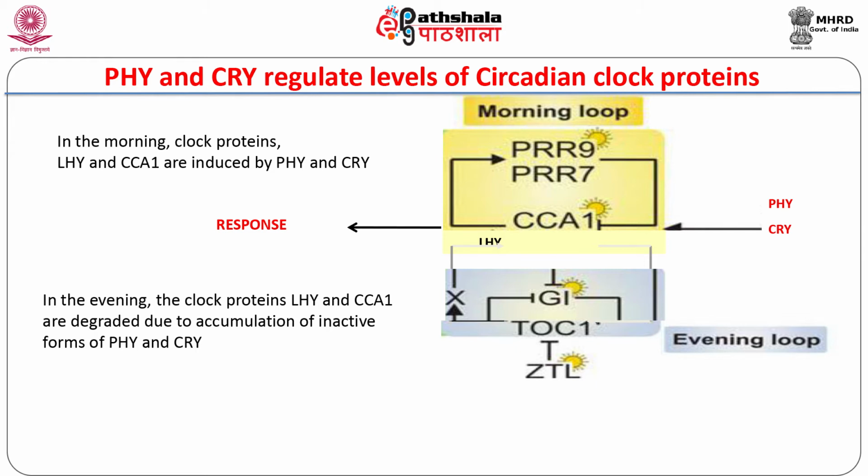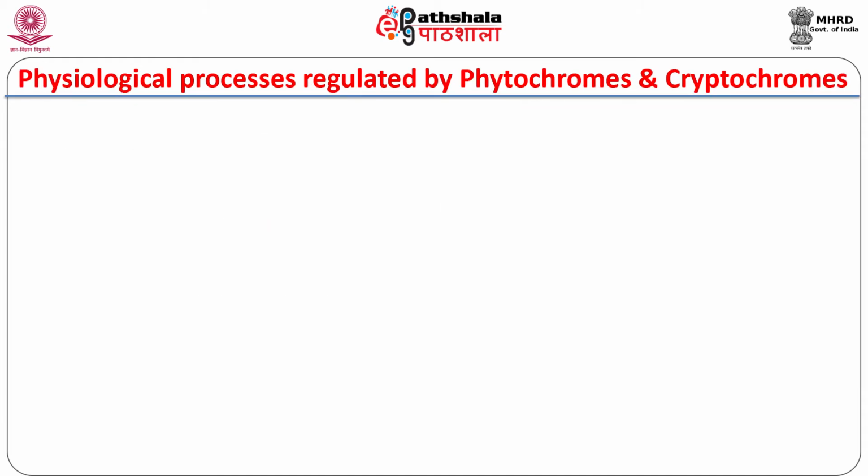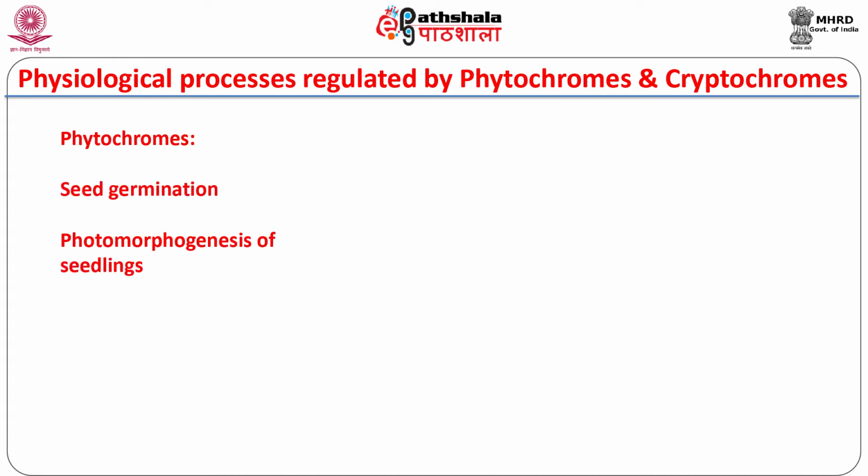Having understood the mechanism by which phytochromes and cryptochromes perceive light and measure its duration, let us now see the nature of physiological and developmental responses that are mediated by phytochromes and cryptochromes. Phytochromes are involved in regulating seed germination, seedling growth or photomorphogenesis, shade avoidance by which plants alter growth to get sunlight, and flowering.